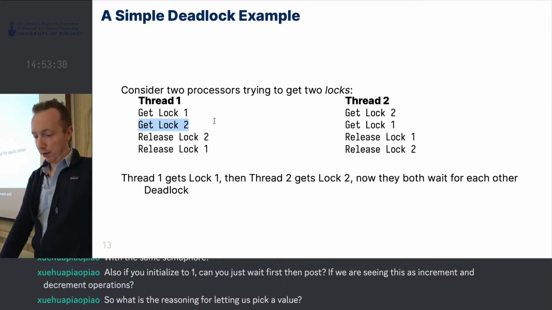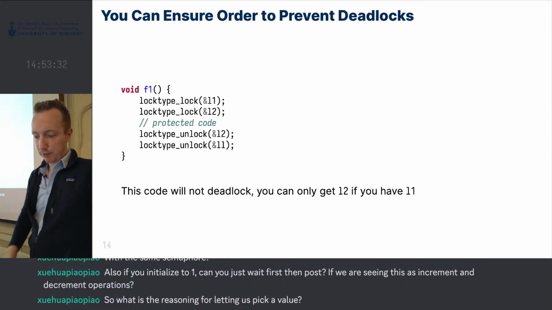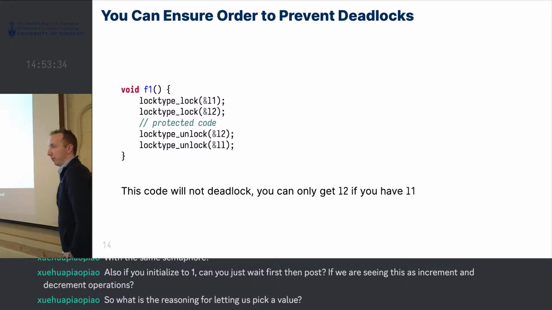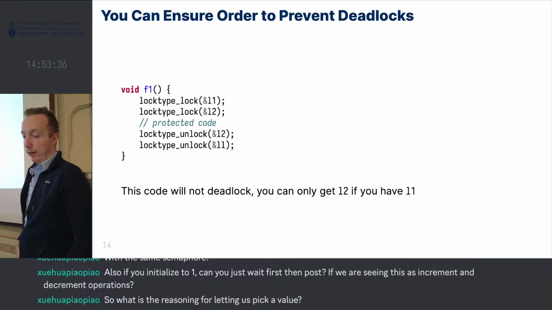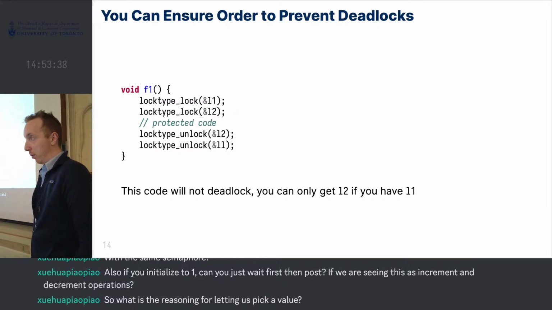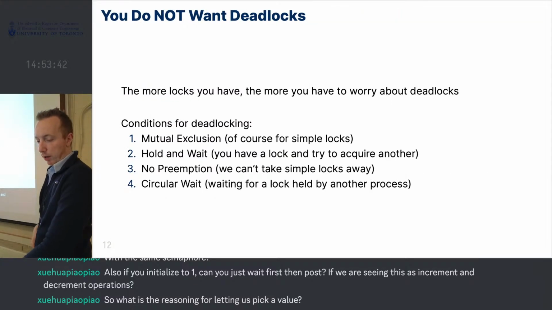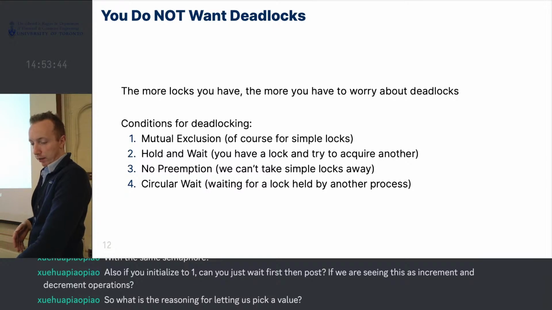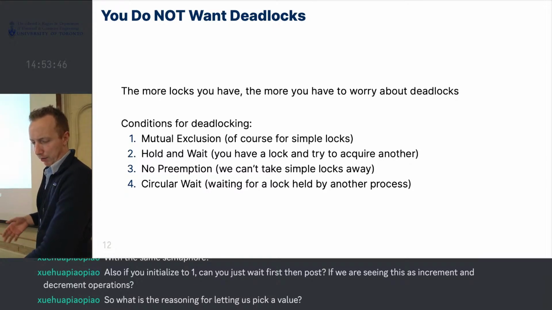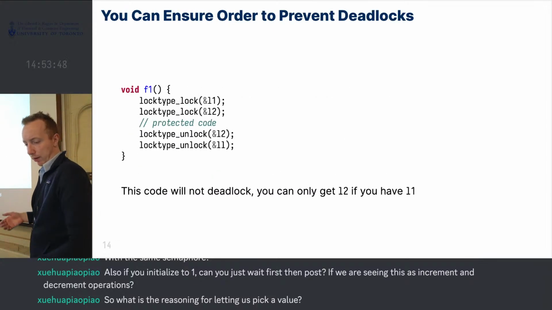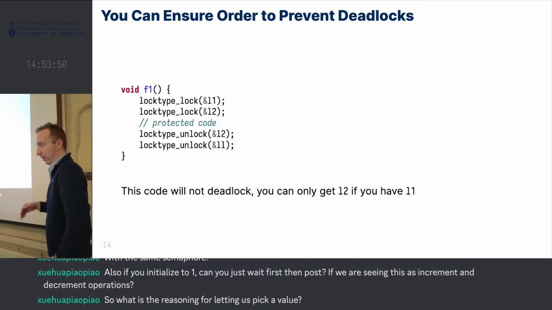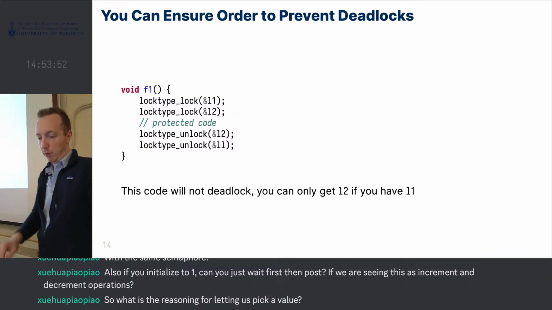All right, so now we need to prevent these. So the easiest way to prevent a deadlock is to ensure a set order of the locks. So remember, in our conditions, we don't want any circular waits. So this breaks circular waits if we always acquire them in the same order.